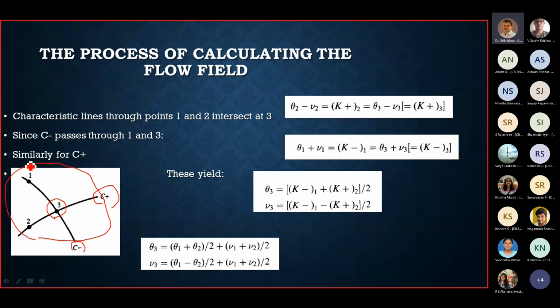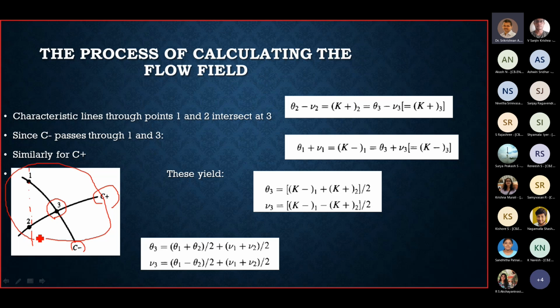Now, a priori, I assume that I know the properties at 1 and 2. What are 1 and 2? 1 is a point that the C minus characteristic has already passed through. 2 is a point that the C plus characteristic has gone through already. So at 1 and 2, assume that I have the values for the parameters that are required for the solution.